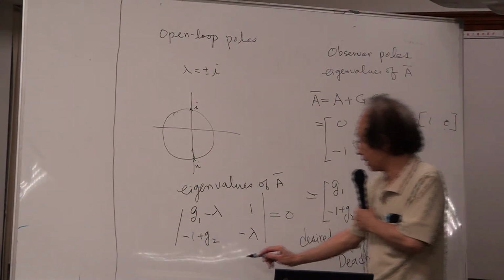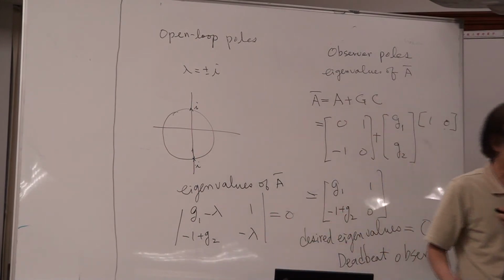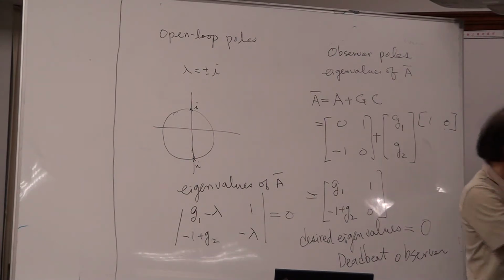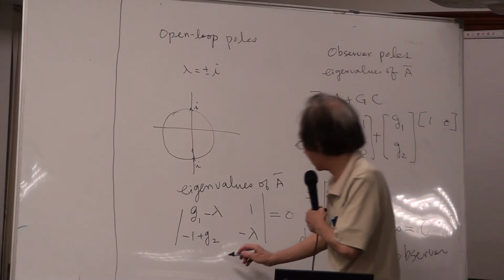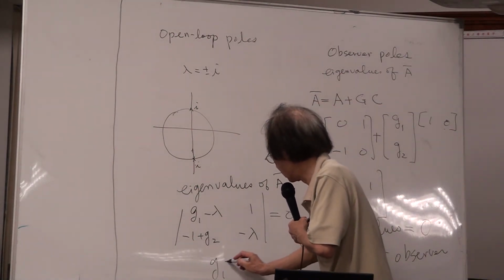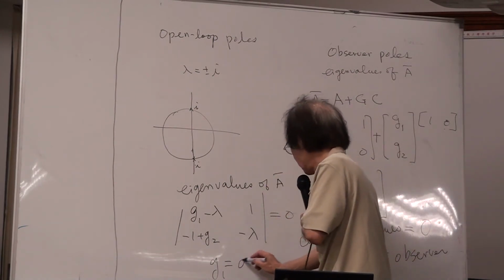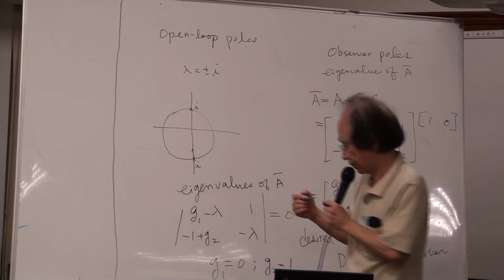If we solve this and set lambda equal to 0, then we'll find out that g1 is equal to 0 and g2 equal to 1.